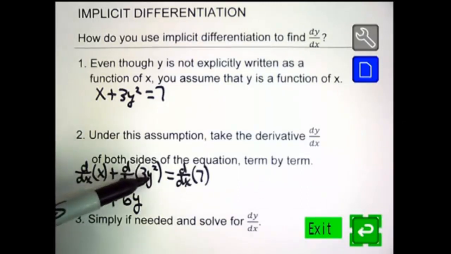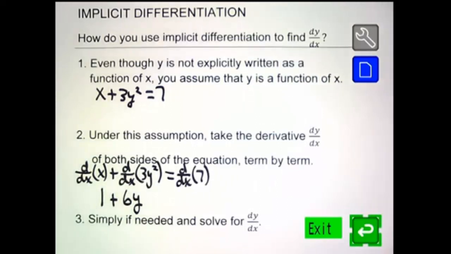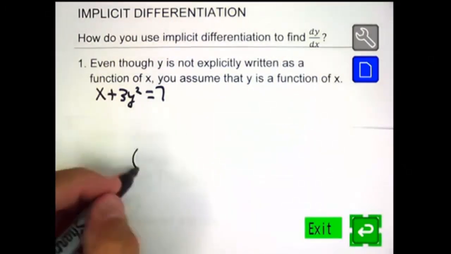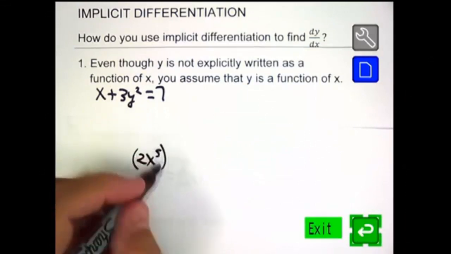If y is really some function of x, then we have to come back by the chain rule and take the derivative of the base. As a slight aside, it's as if I were taking the derivative of 2x to the 5th, to the 3rd.